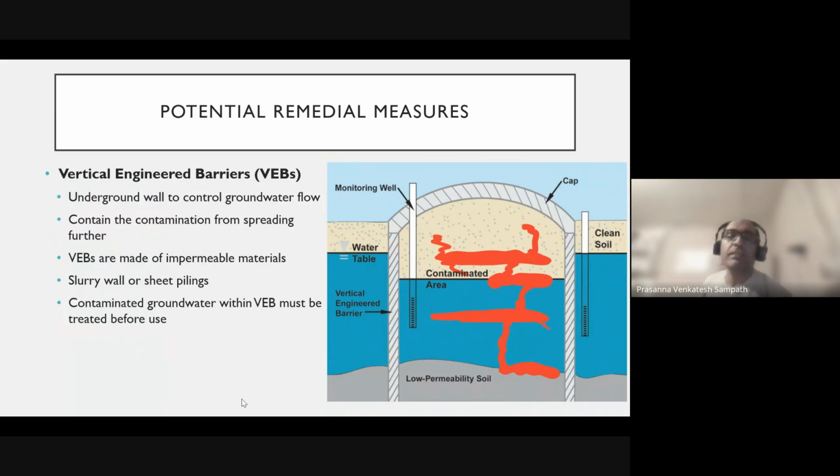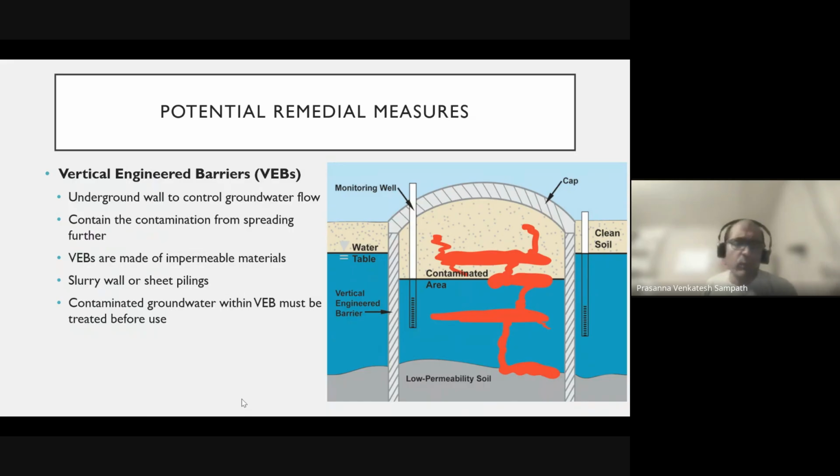So again, in this figure you can see very clearly, instead of allowing it to spread further, you just construct a wall all around the contaminant such that it may not spread further and contaminate the whole aquifer in all directions.